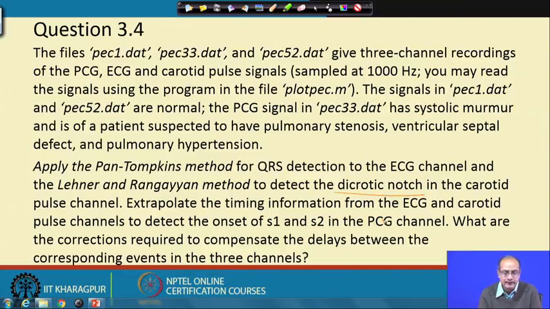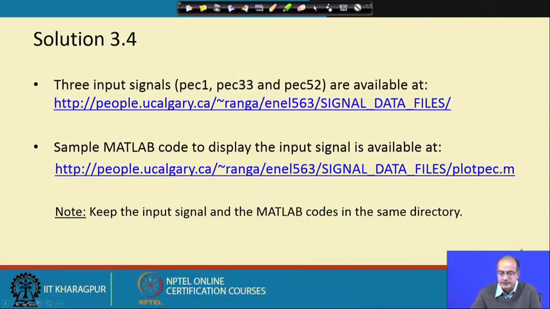For that the Lehner-Rangayyan method is used, and these two help to find out the onset of S1 and S2 in the PCG channel, and there will be some delay in this process. So, how do we compensate for the delay? That is the exercise given to us.